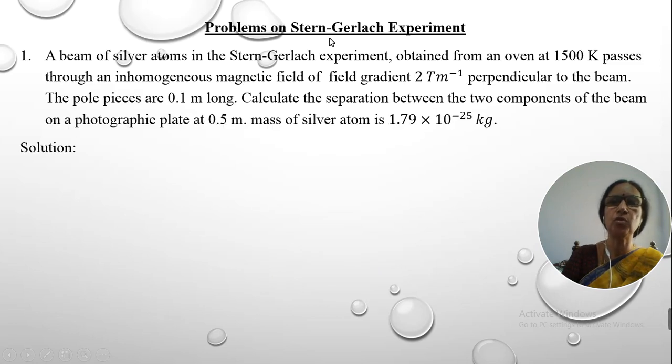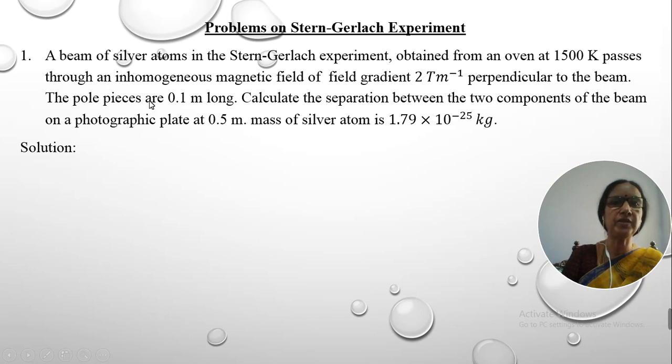Now we shall solve a few problems on Stern-Gerlach experiment. A beam of silver atoms in the Stern-Gerlach experiment obtained from an oven at 1500 Kelvin. So this is capital T, a temperature is given. It passes through an inhomogeneous magnetic field of field gradient, field gradient means dB by dx, 2 Tesla per meter, perpendicular to the beam.